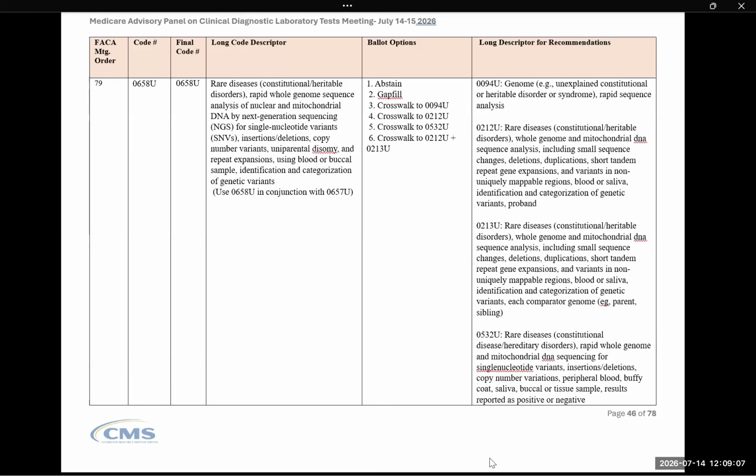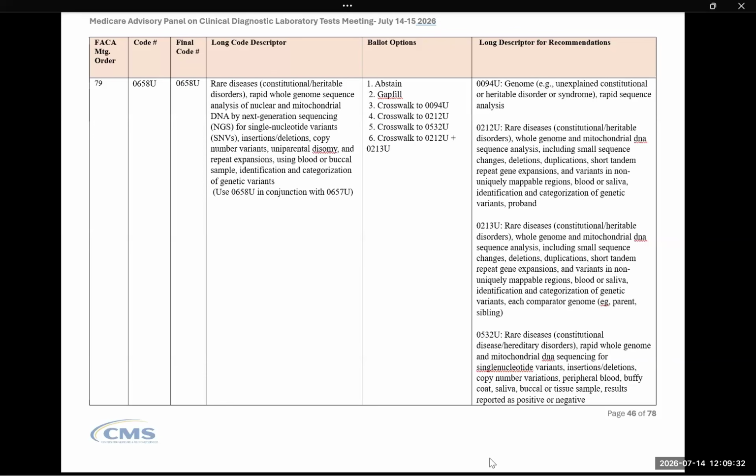in this test. The sponsor had recommended a crosswalk to 0094U, which is a previously priced genome sequencing, whole genome sequencing analysis with a rapid analysis. So that is one of the options for crosswalk.